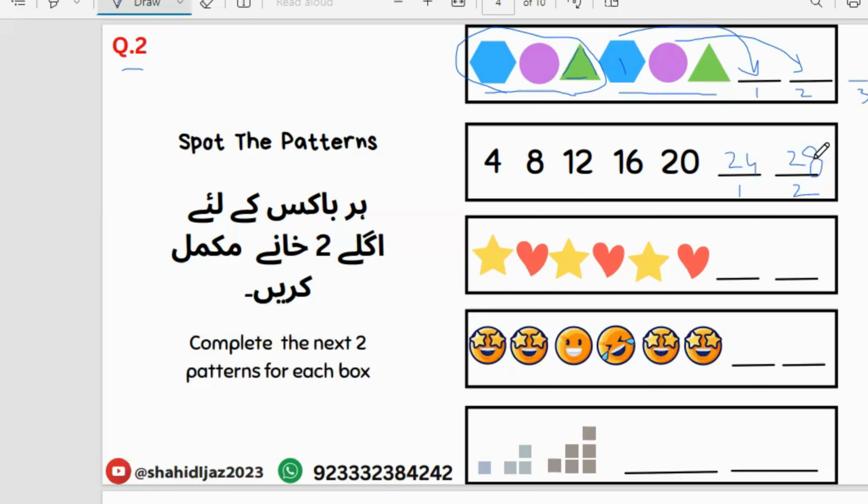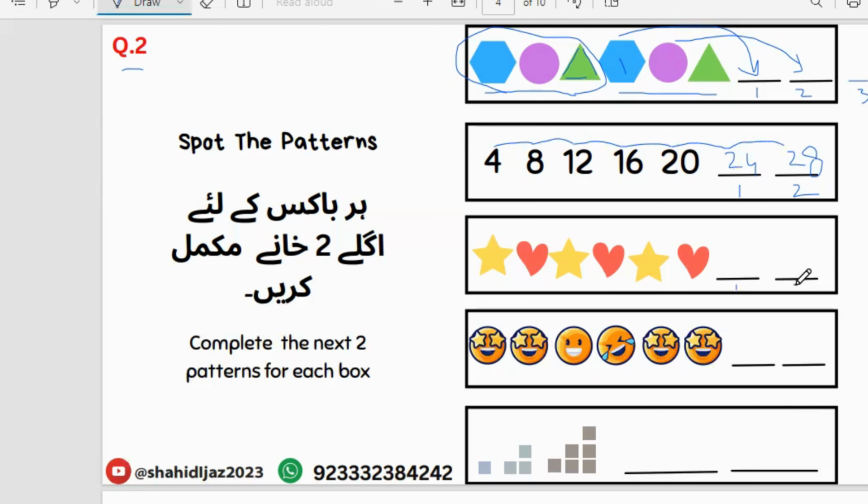Sir, by adding 4 to each term. By adding 4 to 4, it becomes 8. 8 plus 4, 12. 12 plus 4, 16. 16 plus 4, 20. 20 plus 4, 24. 24 plus 4, 28. This is the table of 4.